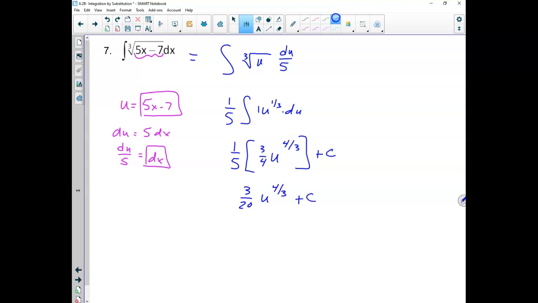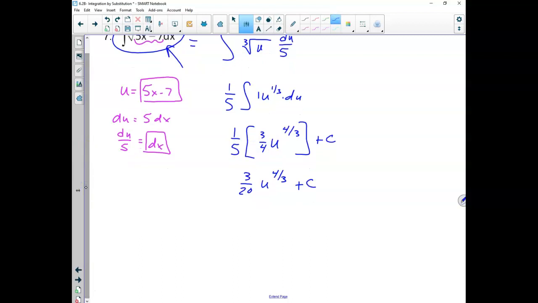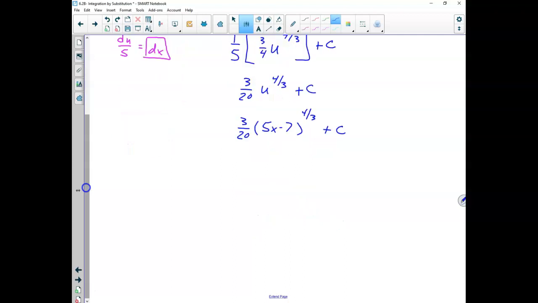But we want our antiderivative in terms of x, because that's how it was given to us. So the last thing we do is take 3 over 20 and plug in, to that 4/3 plus c, our 5x minus 7, and you check your answer.